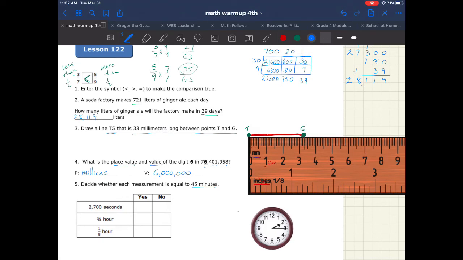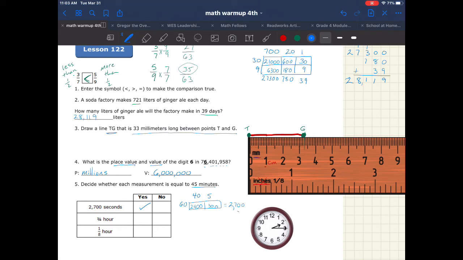So we could just multiply 60 times 45 and see if that comes out to 2,700. 6 times 4 is 24, and I can place my 2 zeros. 6 times 5 is 30, and place my 1 zero. Add all that up, and I get 2,700. So it looks like this is true. It's yes.